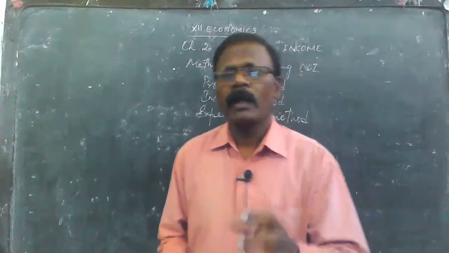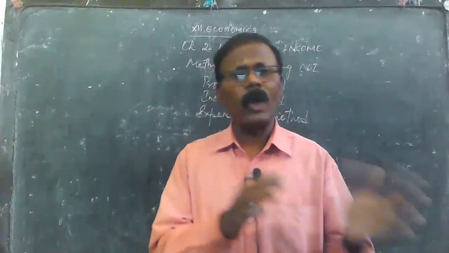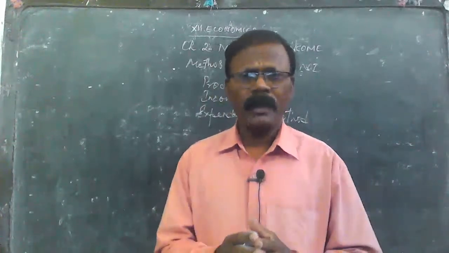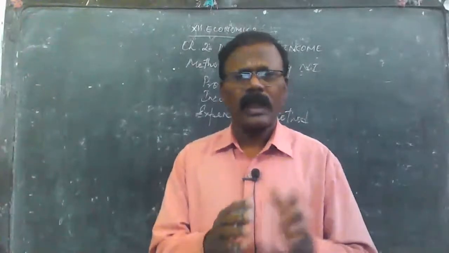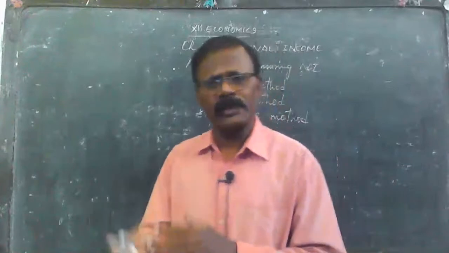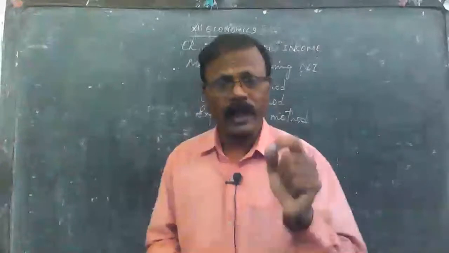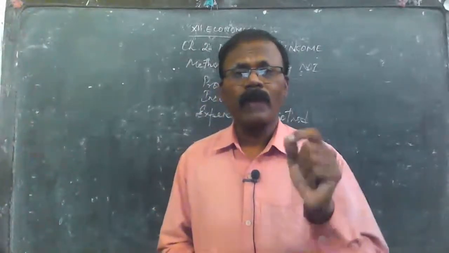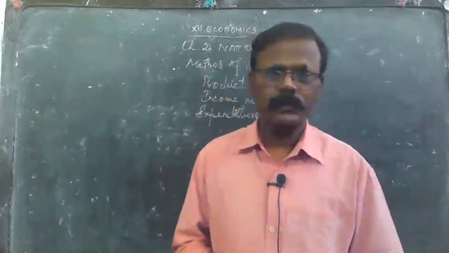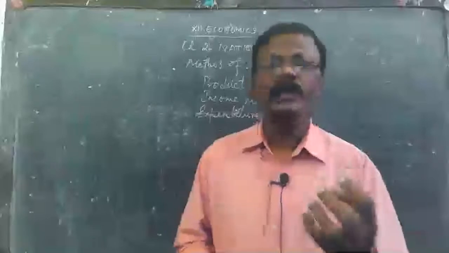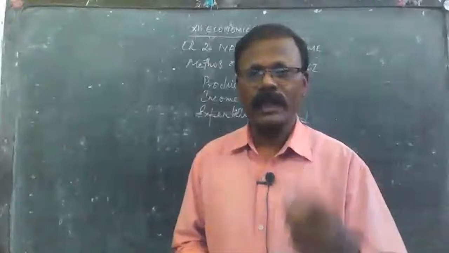For example, the value of cotton enters the value of yarn, the value of yarn in cloth, and that of cloth in garments. Then you see, at every stage, only the value added should be calculated. This is the careful attention to be paid while measuring the national income.